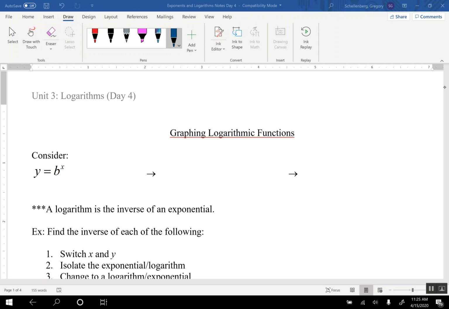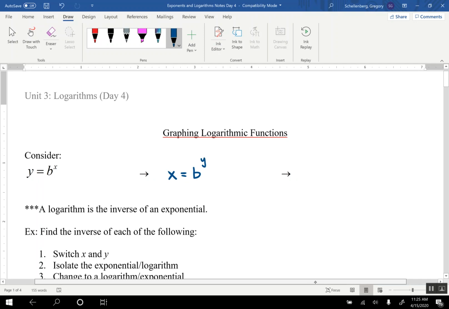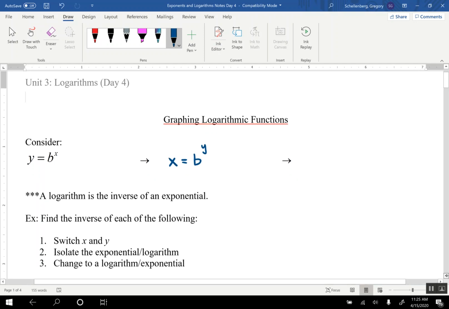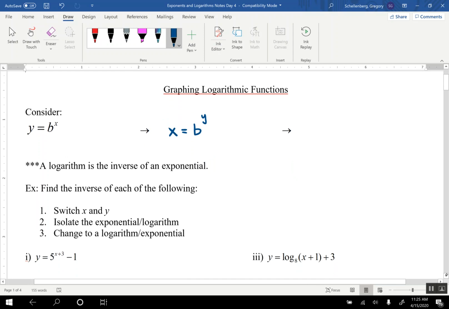And so finding the inverse, the first thing we've got to do is switch x and y. So I can rewrite this as x is equal to b to the y. And then we need to re-isolate y. And so how do we get our variable out of the exponent? Well, we convert it to a logarithm.